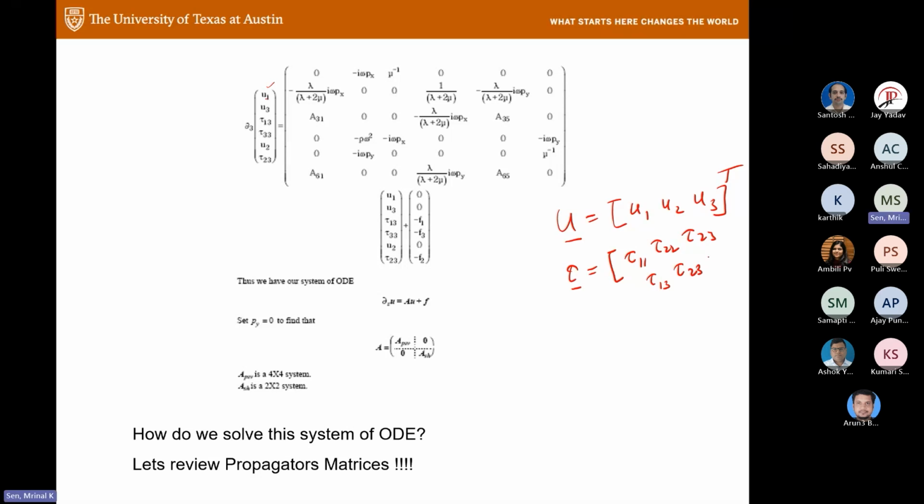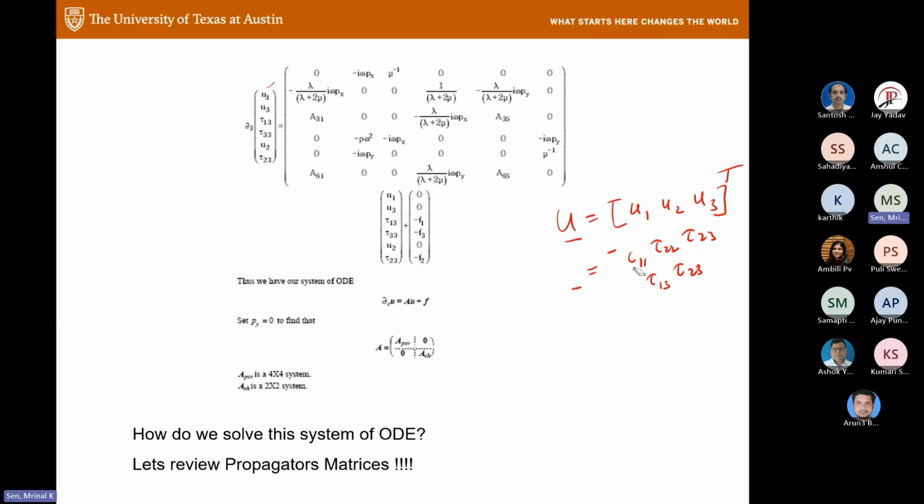Okay, so now there should be six components. So we have also used the symmetry here. Okay, so we have u1, u2, u3, tau 1 3, tau 3 3, and tau 2 3.